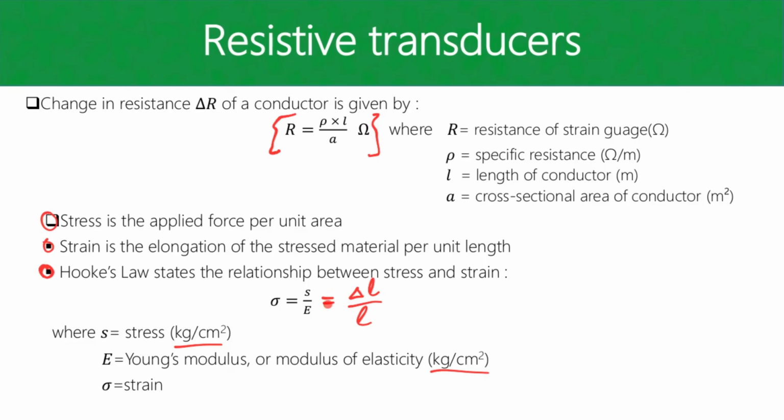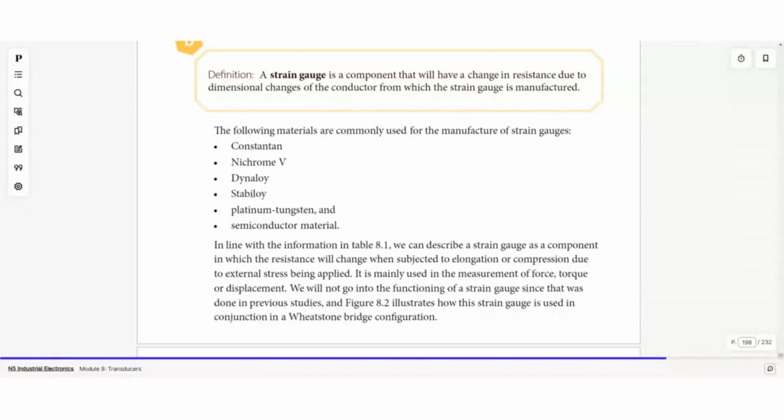And I think we can take a look at an example. There's an exercise in the textbook as well as an example. But quick, I just want to show you guys the materials that strain gauges are made from. There's actually quite a list in the textbook. It does get asked from time to time in the exams. So those are the types of materials that strain gauges are made from.